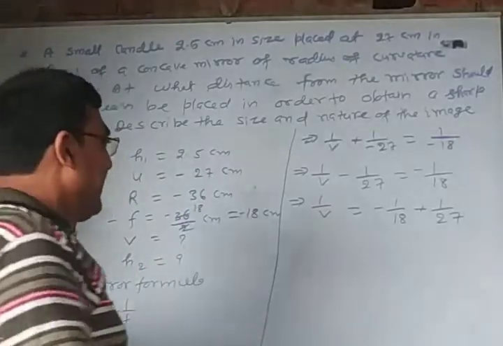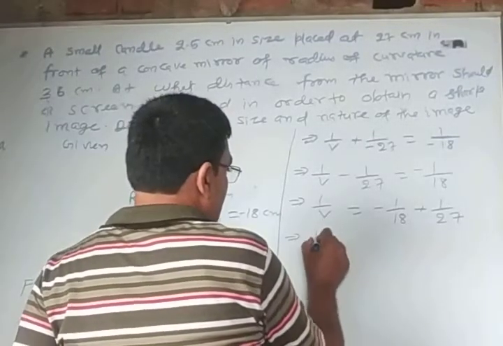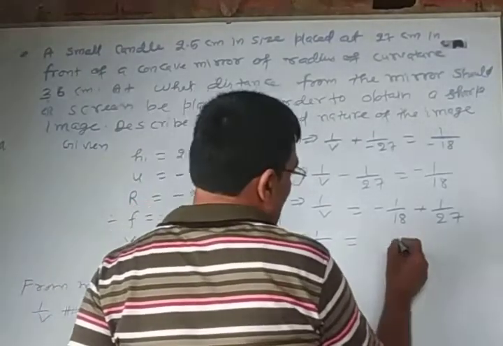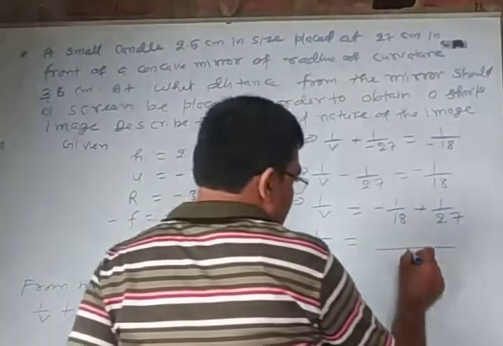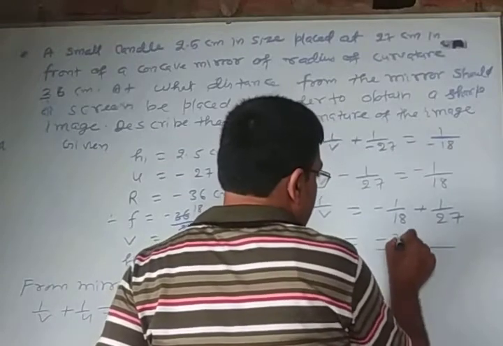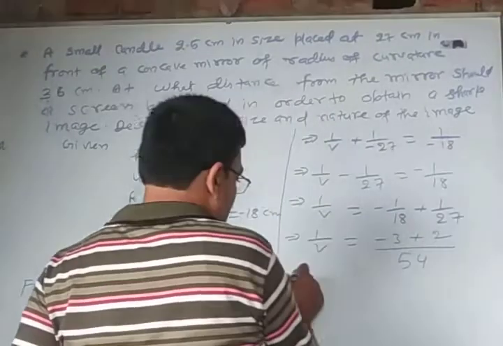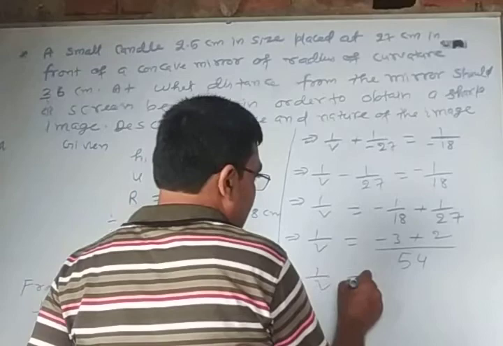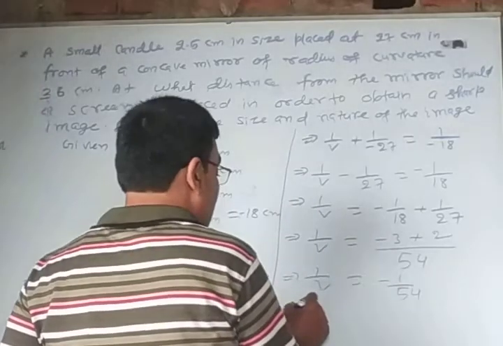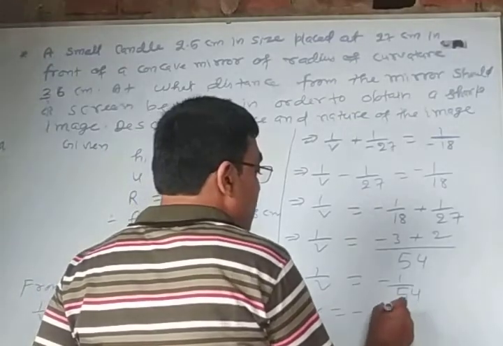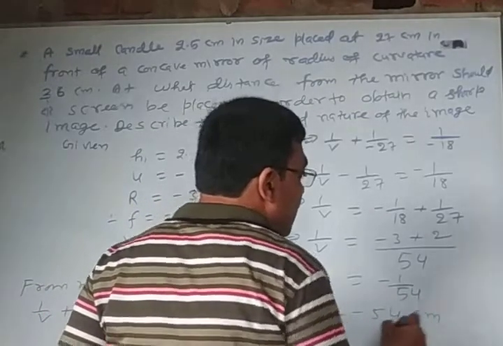Here, LCM of 18 and 27 is 54, so minus 3 plus 2. Therefore, 1 by v is equal to minus 1 by 54. Therefore, v is equal to minus 54 centimeter.